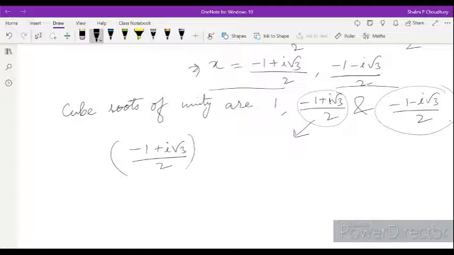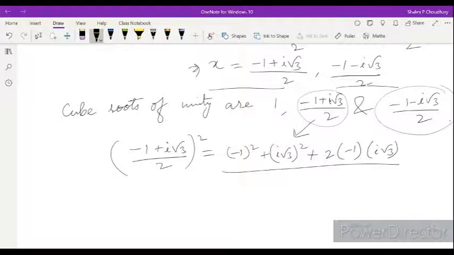Now we have to find out the square of this root. So what are we getting, just check. It will be minus 1 squared, plus i root 3 squared, plus 2 into minus 1 into i root 3, divided by 2 squared, that is 4.